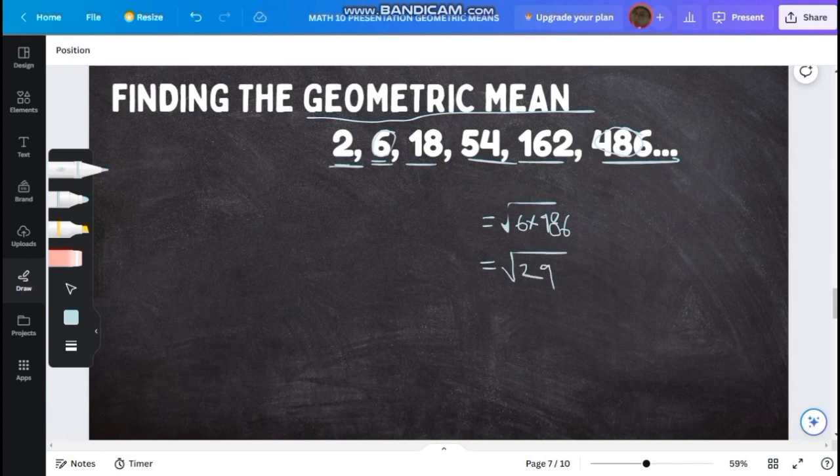That's right, it's 2,916. So now that we have the product of A and B, let's just simply find its square root. Of course, its square root is equal to 54. And that's how you find the geometric mean of two numbers.